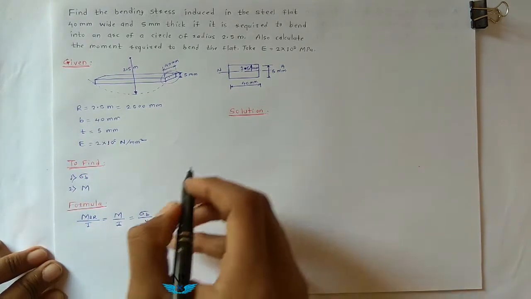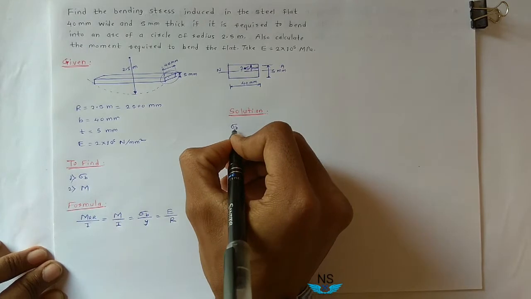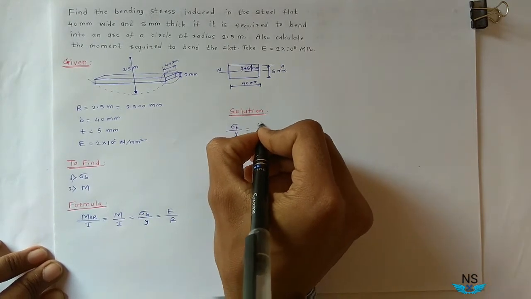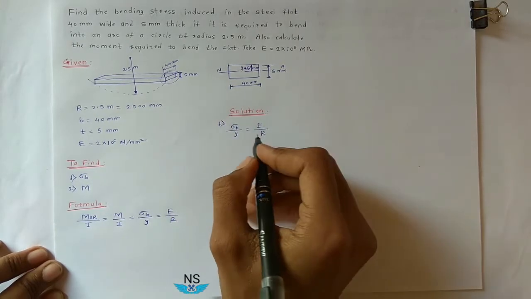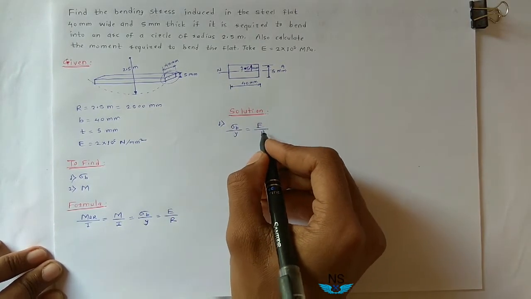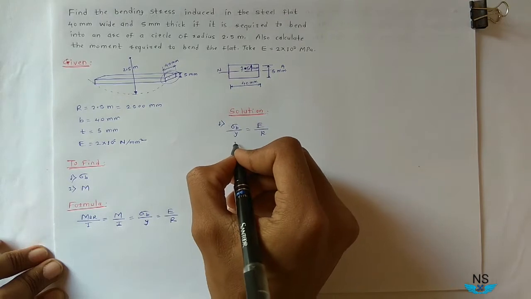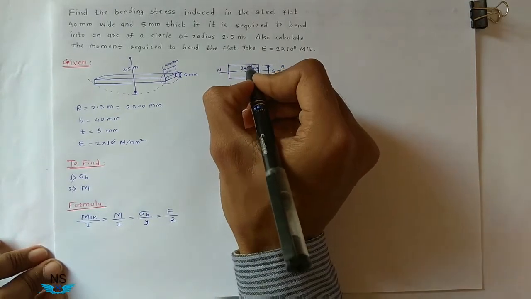First take this relation: sigma B by Y is equal to E by R. First we have to find sigma B. Y we know is 2.5.